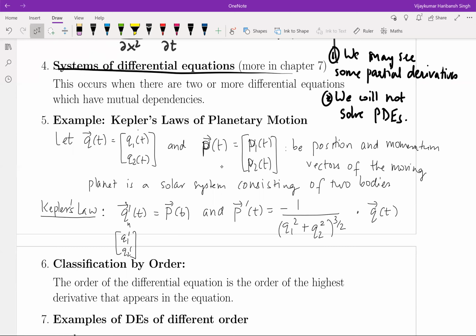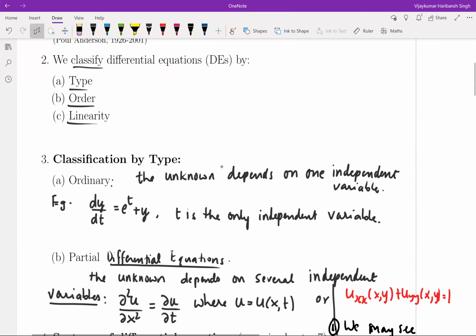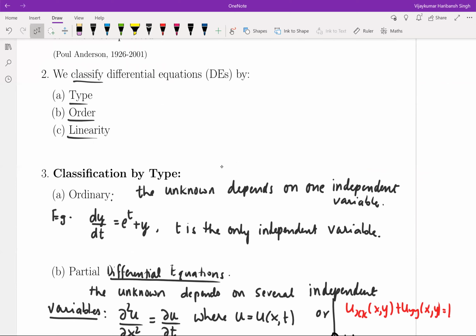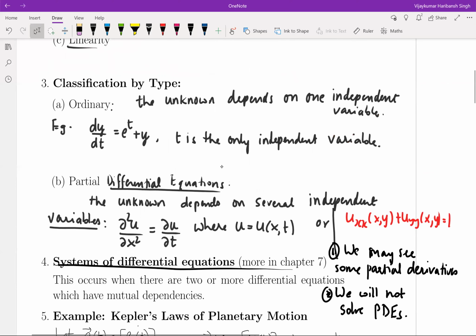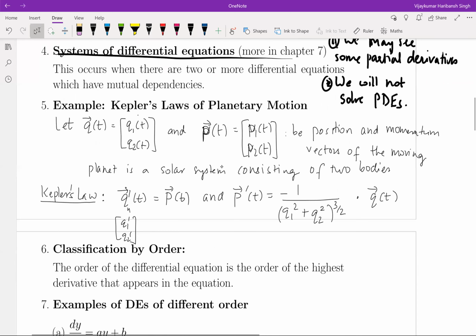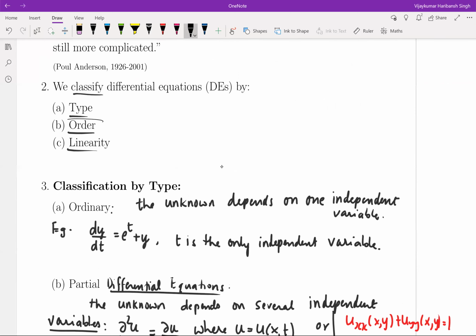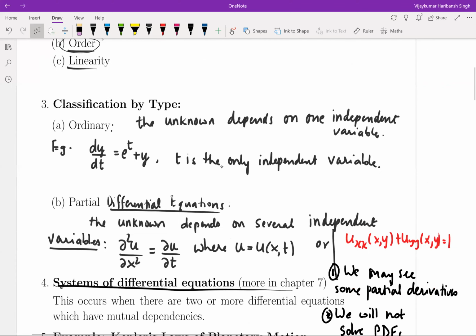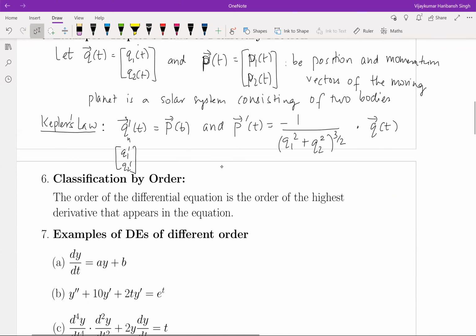Okay. So now the next thing, we have already done the classification based on type. So it's either ordinary or partial. The next type of classification is classification by order. So what do we mean by order? Note that dy by dx is the first order derivative, right?